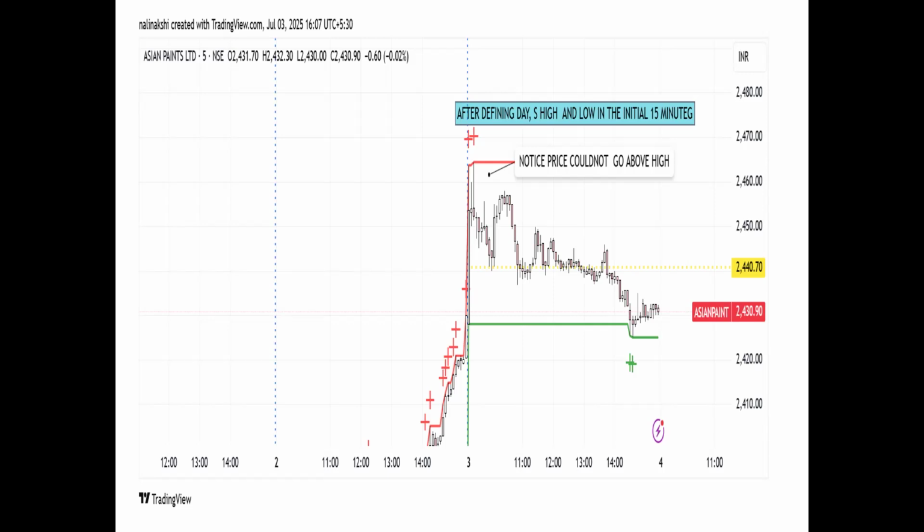This is a very good indication if you know the day high and day low. Since the market broke down, finally it broke below the day's low. Even though it broke below the day's low, it closed inside the day's low.